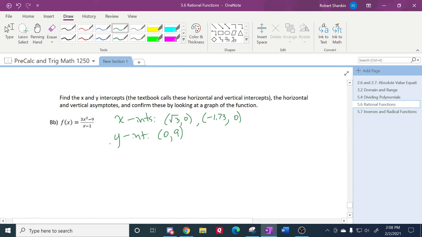Now the horizontal and vertical asymptote. Vertical asymptote is really simple. What input causes the denominator to be 0? When x is equal to 1. Horizontal asymptote takes a little more thinking.